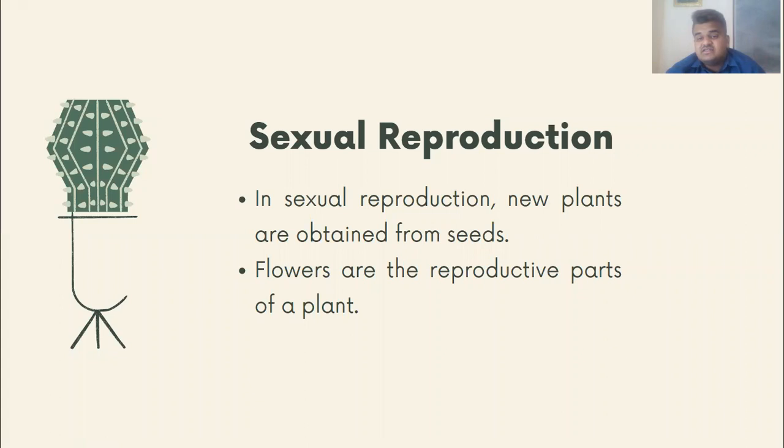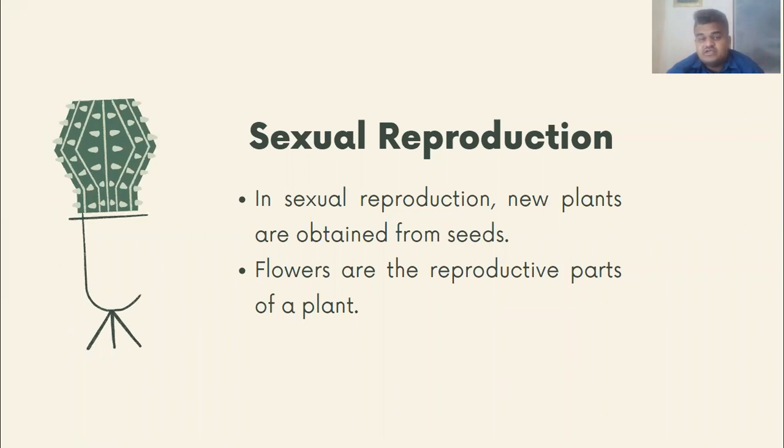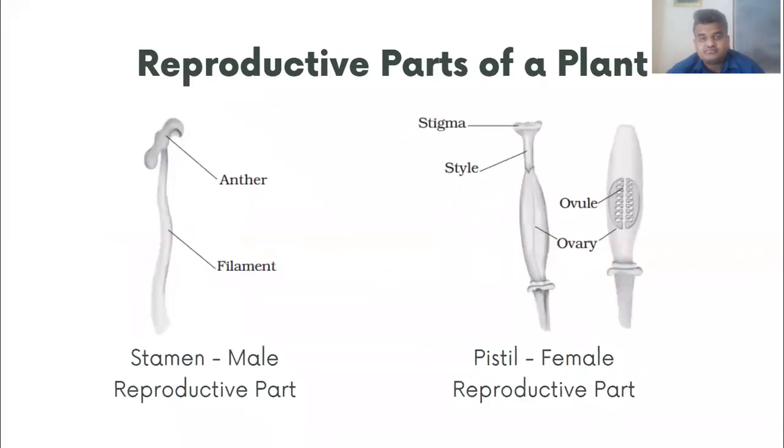So flowers are the reproductive parts of a plant. We have already seen this. Now this is the basic. The stamen is the male reproductive part of a plant, and the pistil is the female reproductive part of a plant. In the stamen, there are anther and filament, while in the pistil the parts are stigma, style, and ovary.